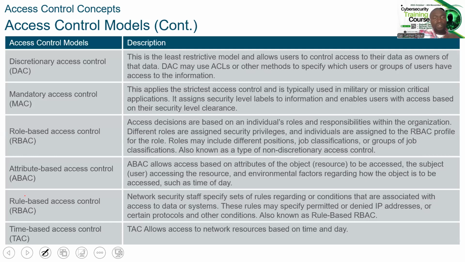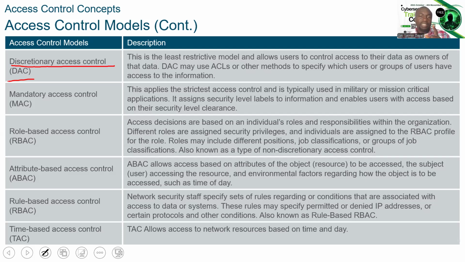So we have different models of access control. One of the models is what they call the discretionary access control model, or we call it the DAC. DAC, discretionary access control. Why do they call it discretionary?